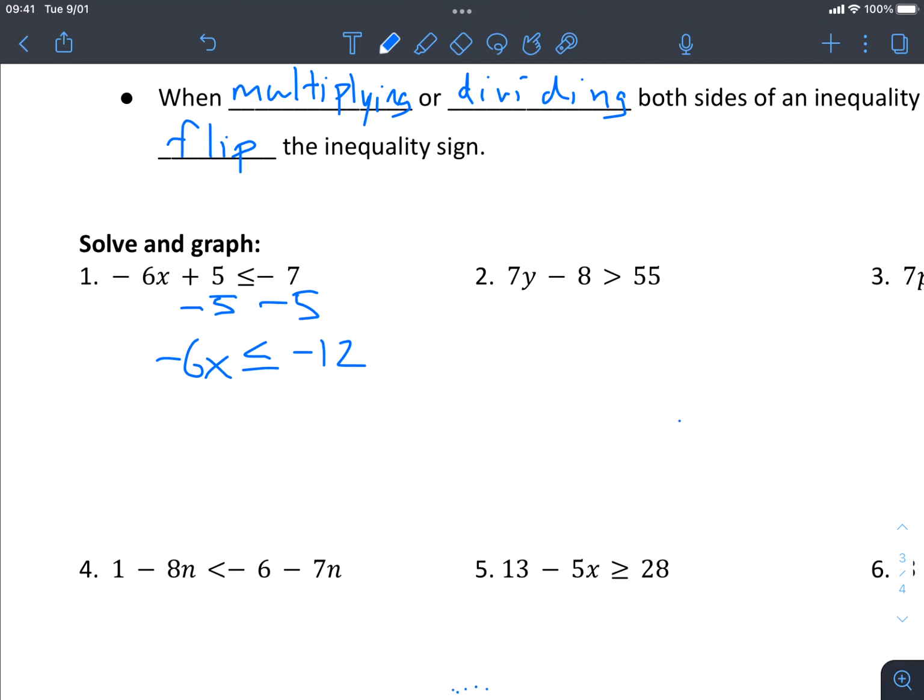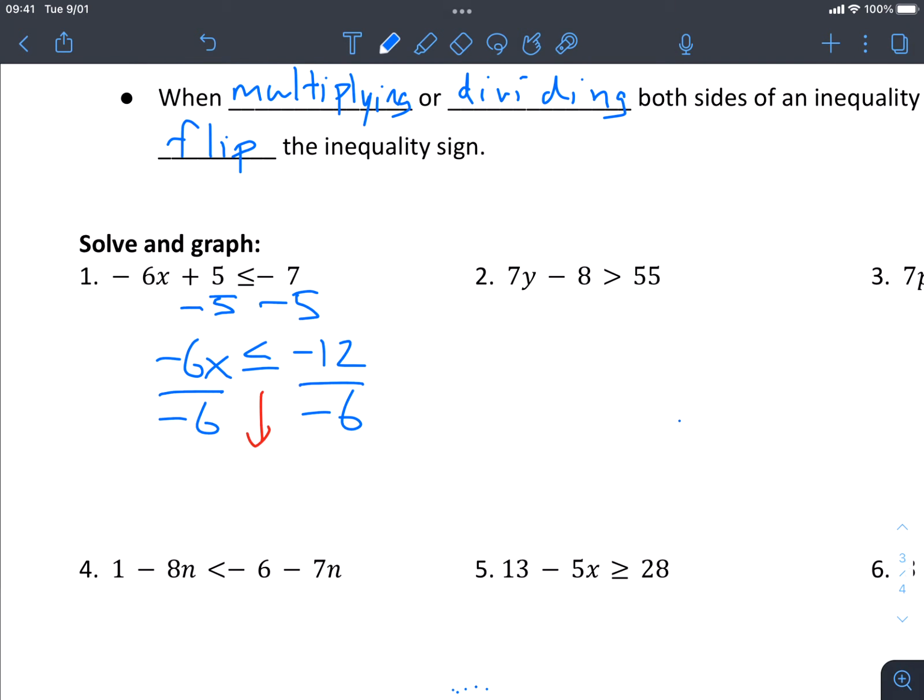Now, here, in order to get rid of the negative 6, since I'm multiplying, I need to divide. Now, when that happens, I know that I need to switch my inequality because I've divided by a negative number.